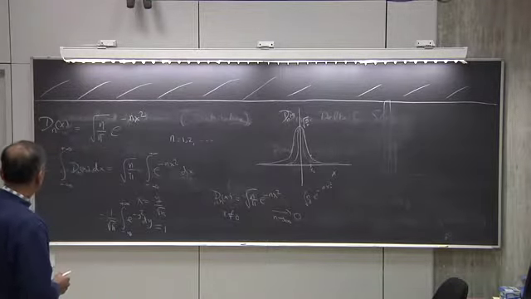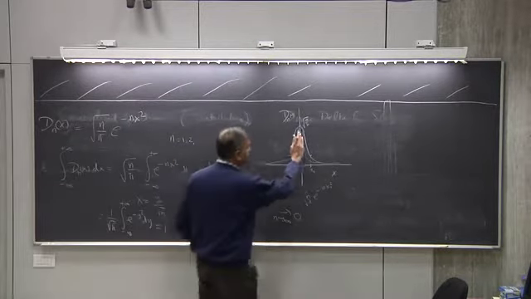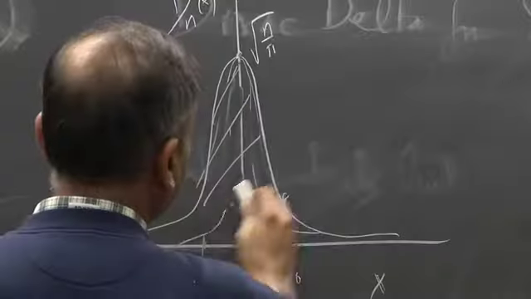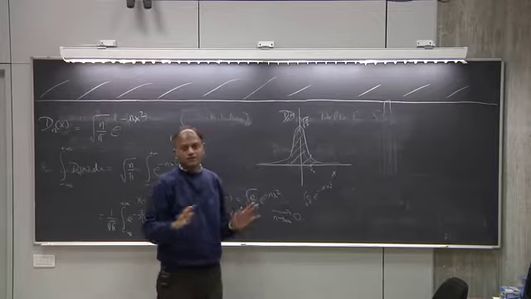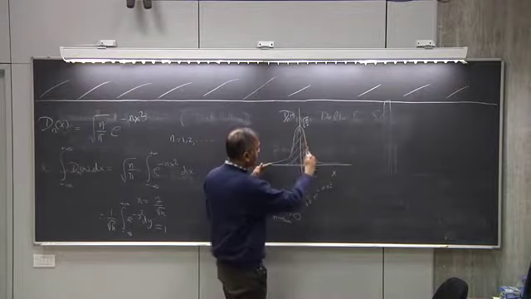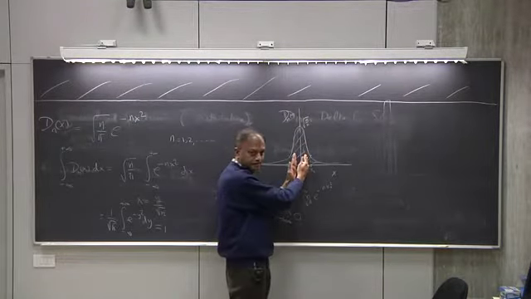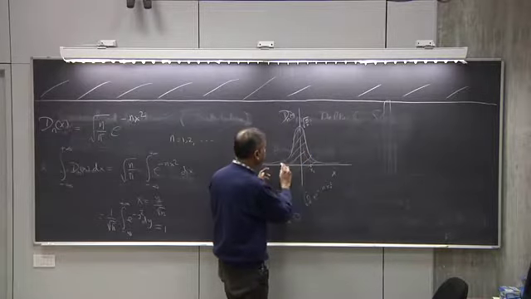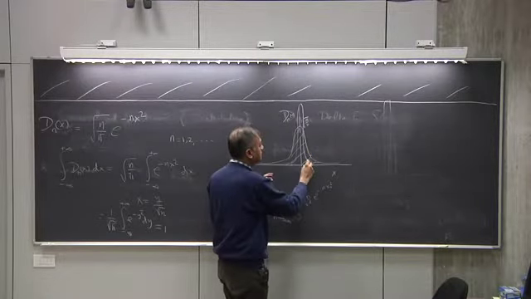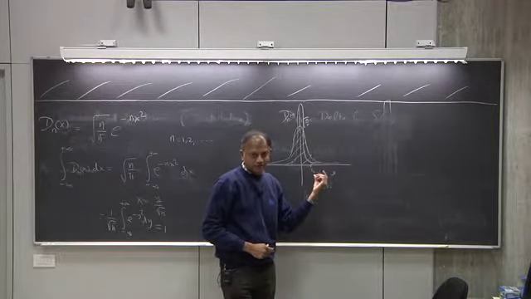You agree that this is true, right? What this is saying is that the area under the curve is always 1 for any n. For a particular n you have this area, and the integral shows that it is 1. As you increase n, this becomes sharper and sharper peaked, but still the area remains the same, always 1.